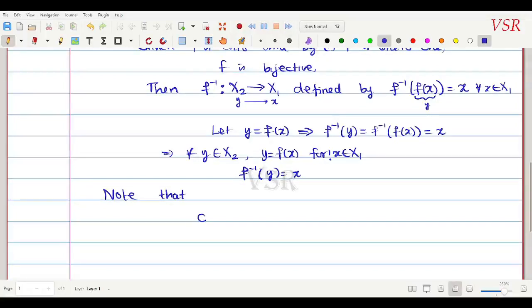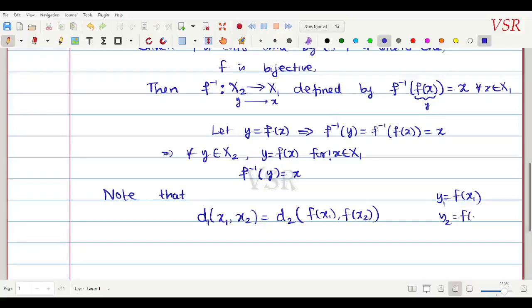That is distance d1 of x1 comma x2 is equal to the distance in x2, d2 of f of x1 comma f of x2. இப்போ put y1 is equal to f of x1 and y2 is equal to f of x2. அப்போ this would imply that this x1 can be expressed as f inverse of y1, கரெக்ட்டா?